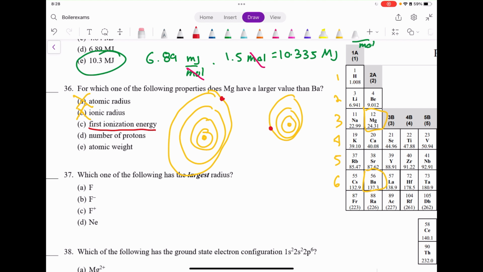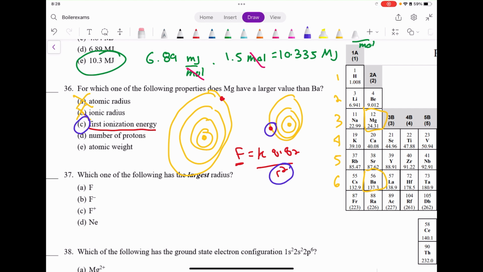And it's way easier to remove something that's that far away, because of Coulomb's law. This is the force that's exerted on that outermost electron. And because barium's is so much farther away, it's way less force pulling on it, it's way easier to remove. So magnesium has a much higher energy to remove this electron. So therefore it has a higher first ionization energy.